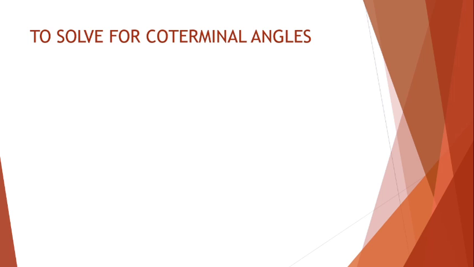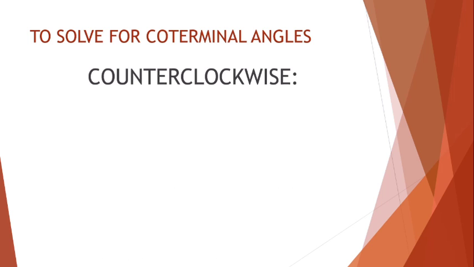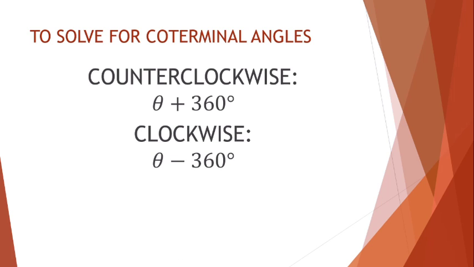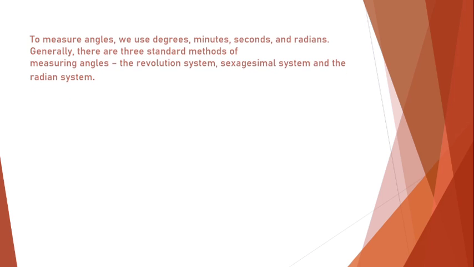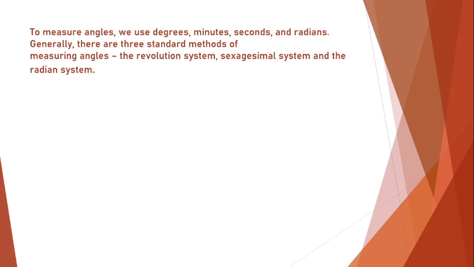To solve for coterminal angles, for counterclockwise you are going to add the value of theta to 360 degrees. In clockwise, you are going to subtract. No matter how many times you subtract or add 360, as long as you get the correct angle given. To measure angles, we use degrees, minutes, seconds, and radians. Generally, there are three standard methods of measuring angles: the revolution system, the sexagesimal system, and the radian system.